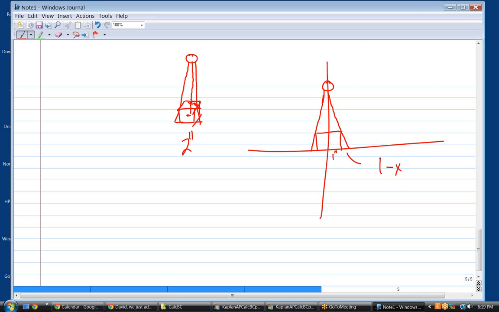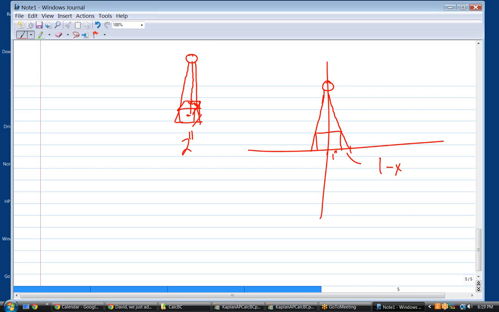In other words, if this is x, then that little tiny area is 1 minus x. Right. Okay? Let me think about this for a moment. We'll just analyze the right side only of this.